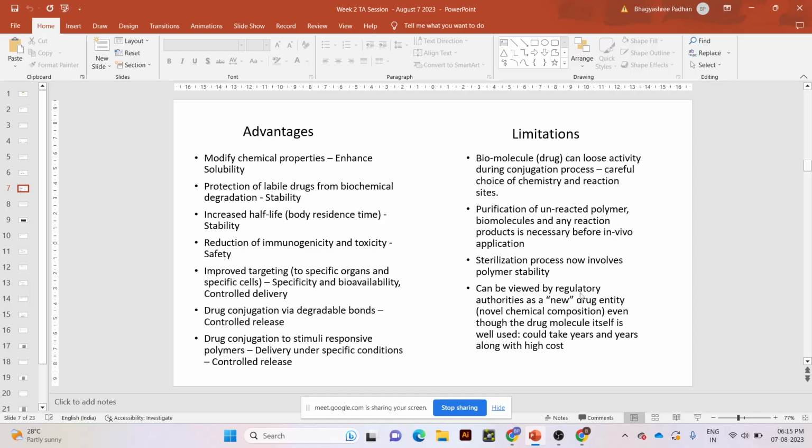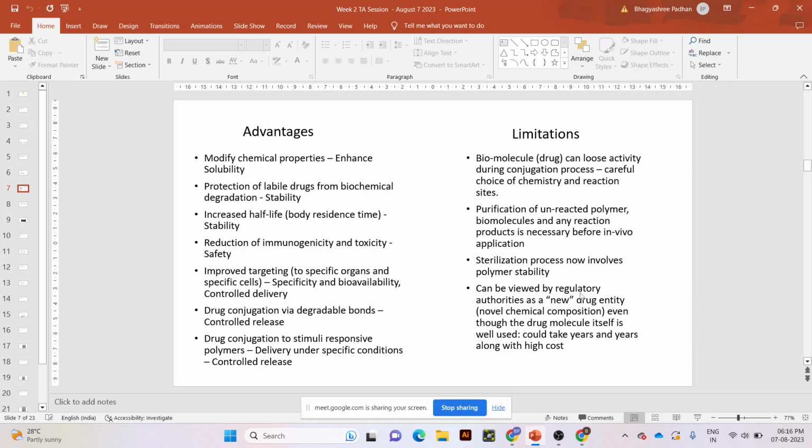So here are some of the advantages and limitations of polymer drug conjugates. The main advantages are they modify the chemical properties to increase the solubility, and they provide stability to more labile drugs. They increase the half-life of the drugs, reduce immunogenicity and toxicity, improve targeting, and drug conjugation via degradable bonds.